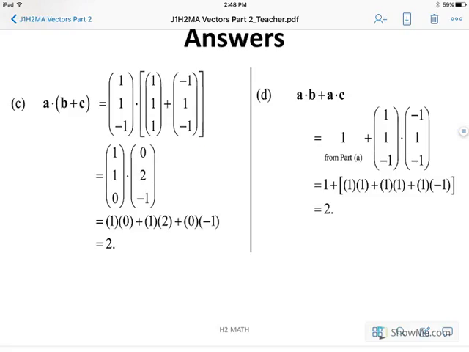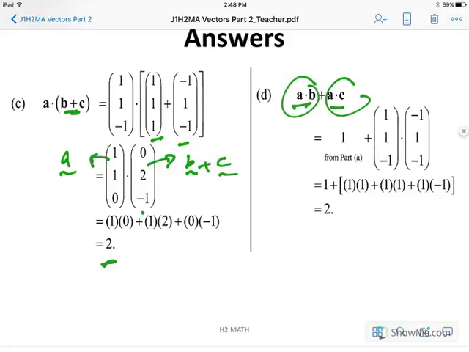After trying the examples, you can check your answers. For a dot (b plus c), this means that out of operation, I will do the addition of b and c first, which is (1, 1, 1) plus (-1, -1, 1). This gives me (0, 0, 2). Then I do the scalar product of a with b plus c, and I get the answer 2. For a dot b plus a dot c, this comes first, followed by adding them together. a dot b from part A is just 1.